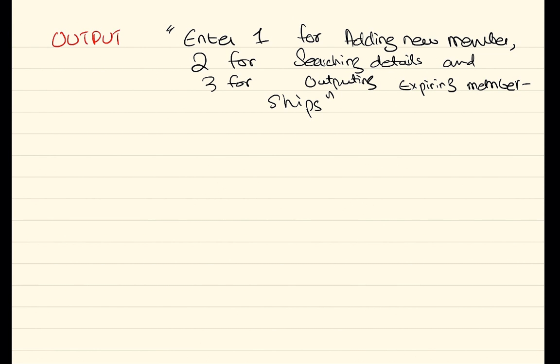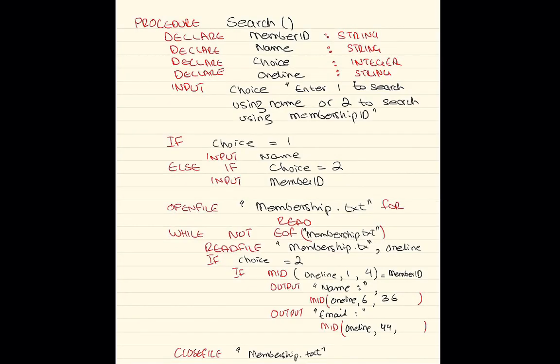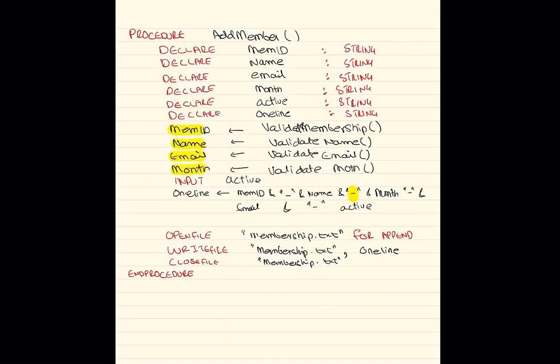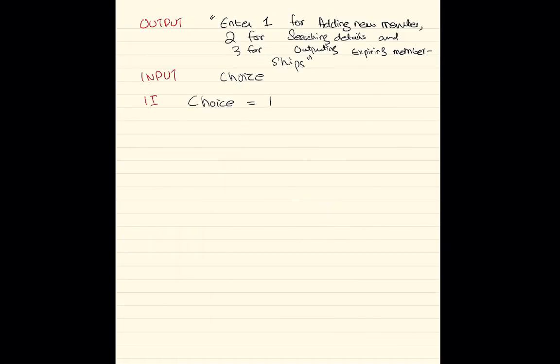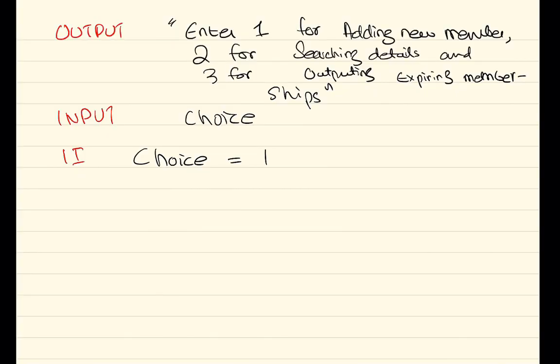Alright, so this is that. Let's ask the user for an input. So input, let's say the user input is the choice variable. If choice is equal to 1, then we call the procedure add member.